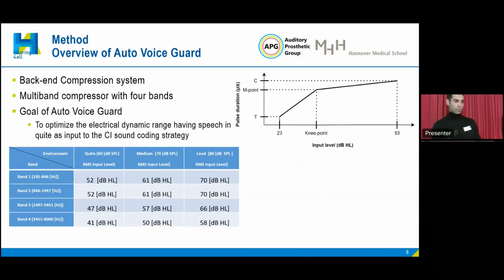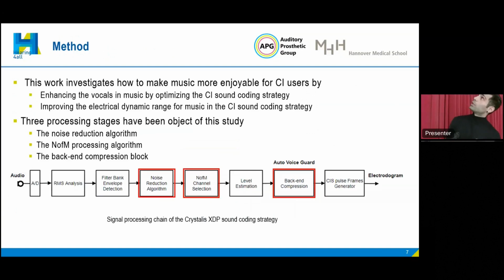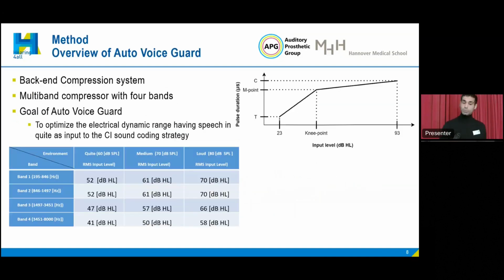So here I would like to give an overview of the last block on this figure, auto voice guard, which is a backend compression. How exactly this works, if we take a look at the figure on the right side. First, I would like to introduce these two levels, which are called C and T levels. The T level is the threshold level of hearing.